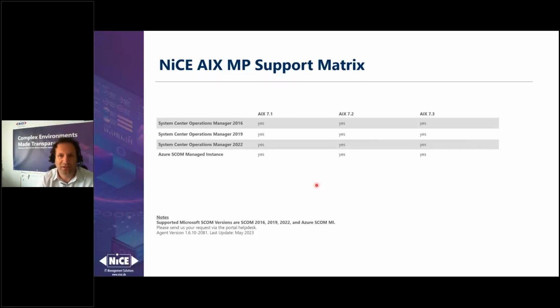So what you see here is the currently supported number of system combinations, with System Center Operations Manager and AIX 7.1, 7.2, and 7.3. And indeed, we also verified this with the Azure Managed Instance. I think this is a very exotic case, but we just put it in here for completeness as well.